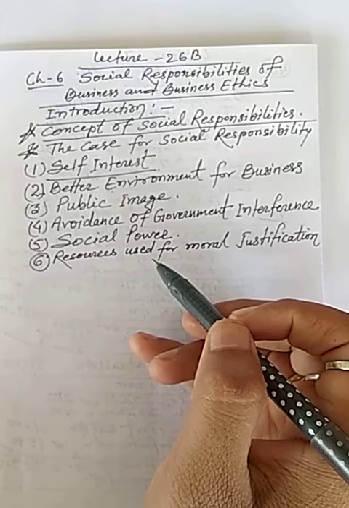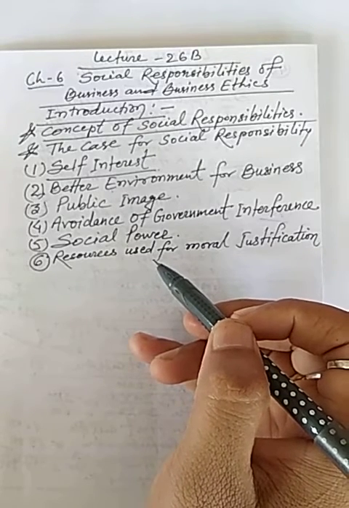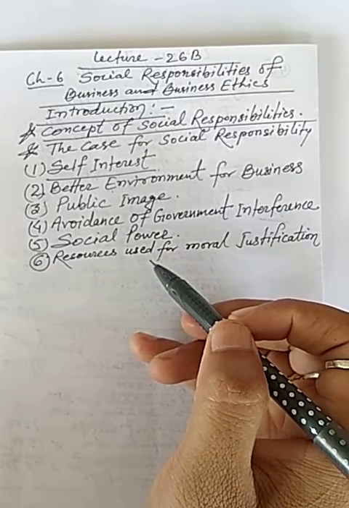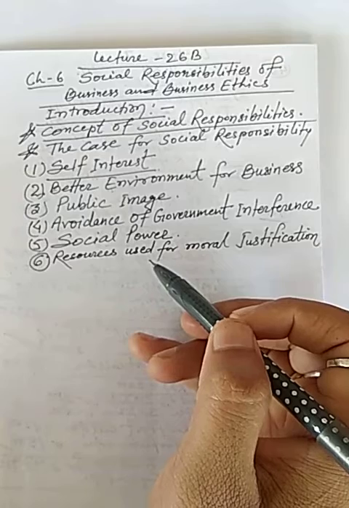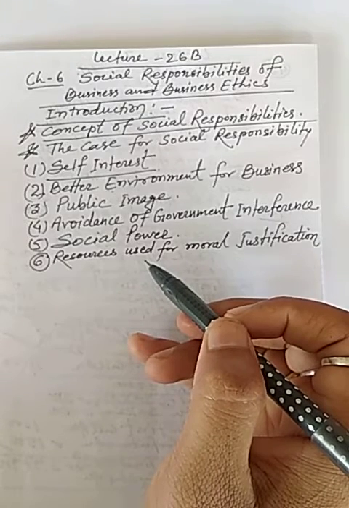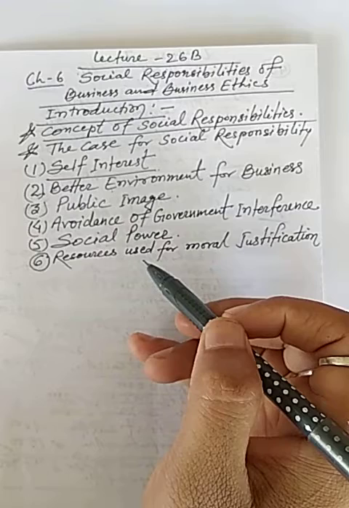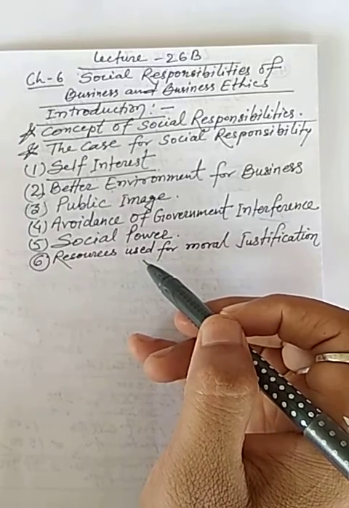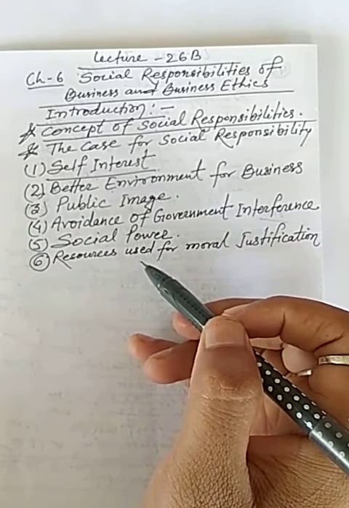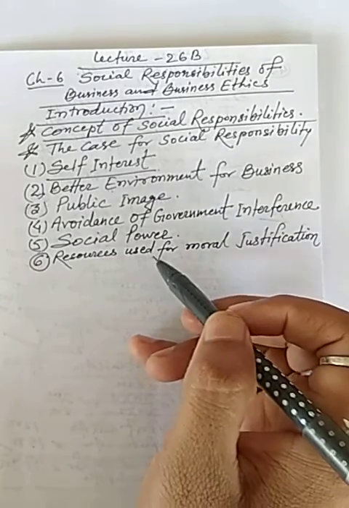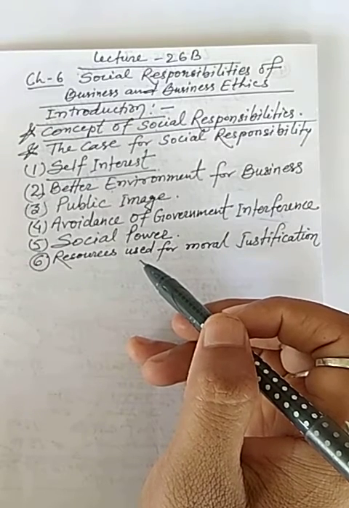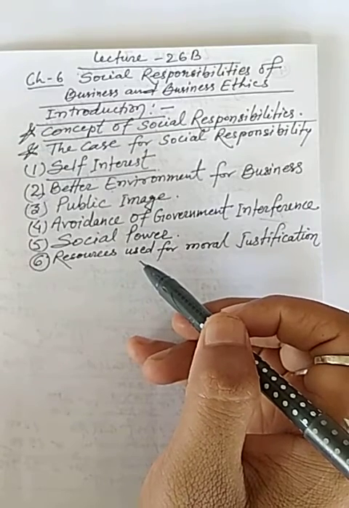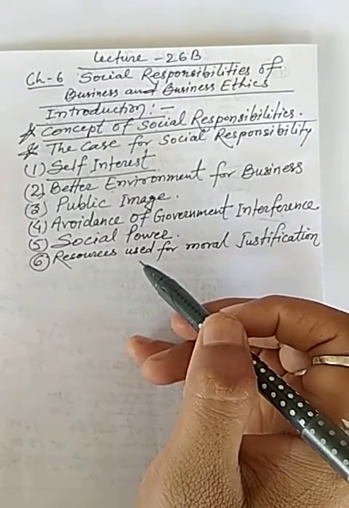For example, business can help in solving the problem of regional disparity by setting up industries in backward regions. Business can help in solving the problem of unemployment by offering employment opportunities. The business should help society in solving its problems.